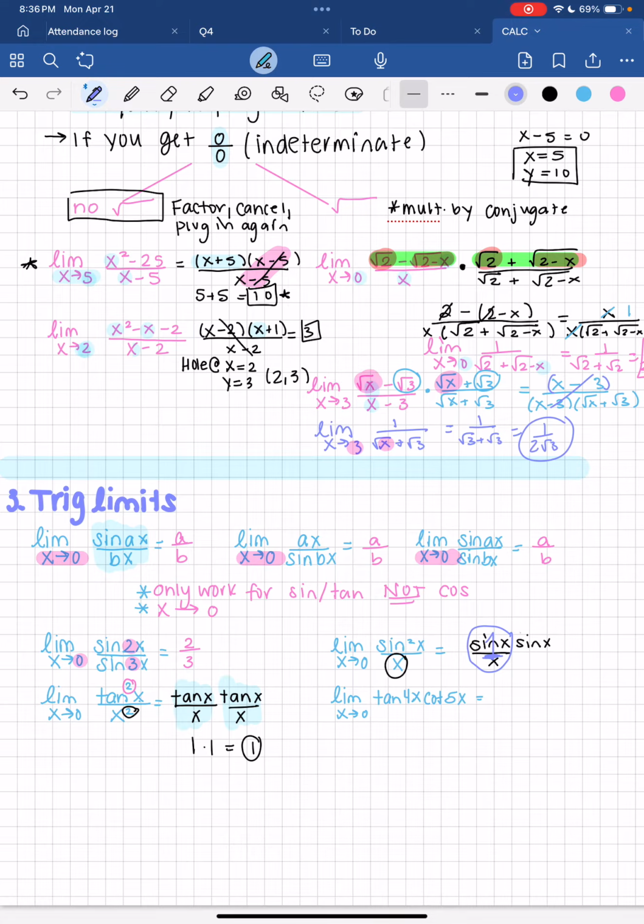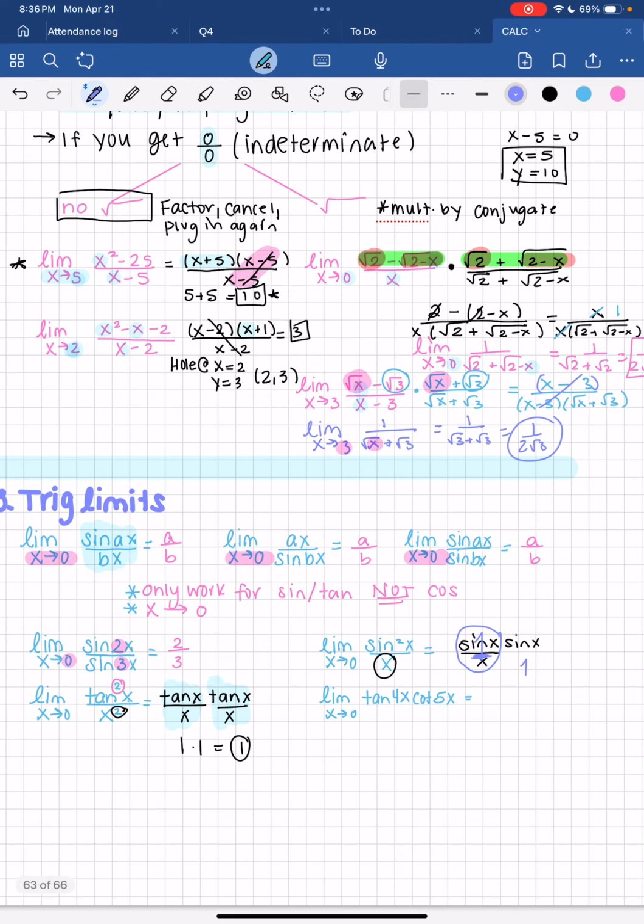So now what am I left with? I'm left with 1 times sine x. Now I'm going to take what's left and replace x with 0. So if I do that, you're going to have 1 times sine of 0. You have to know that the sine of 0 is 0. So 1 times 0 gives me 0.